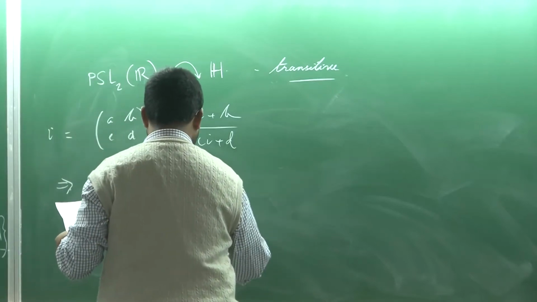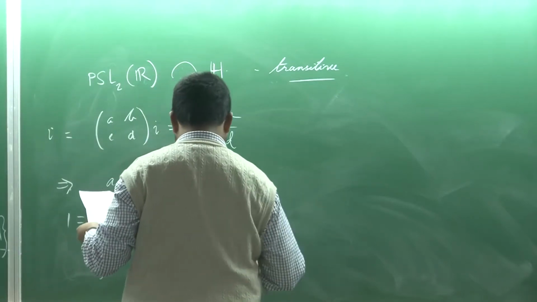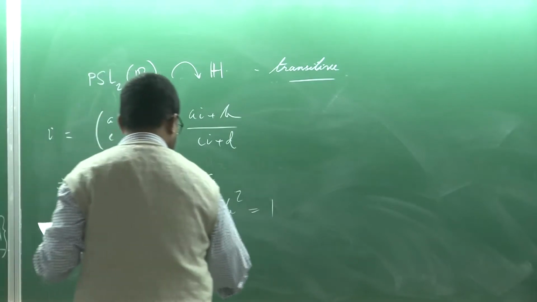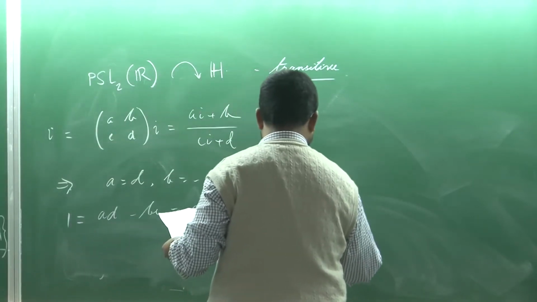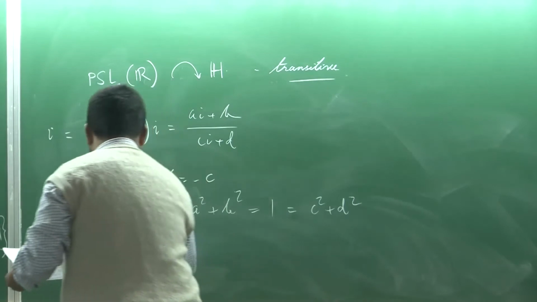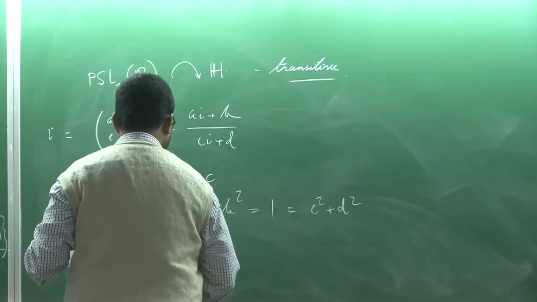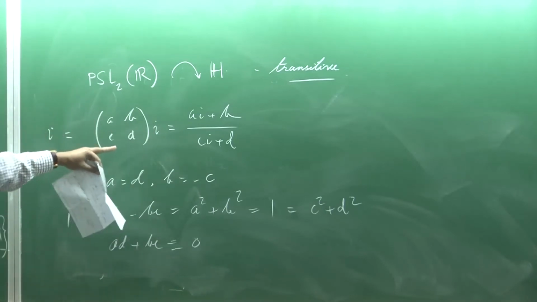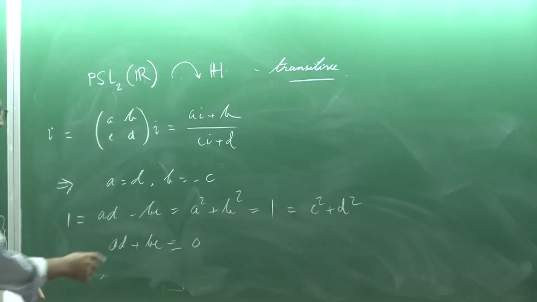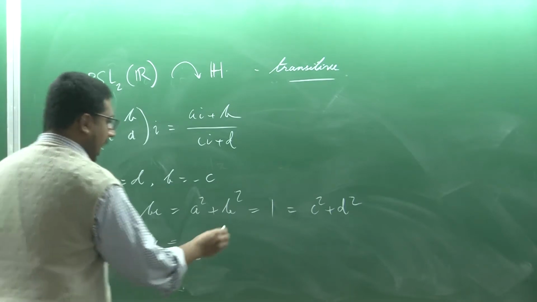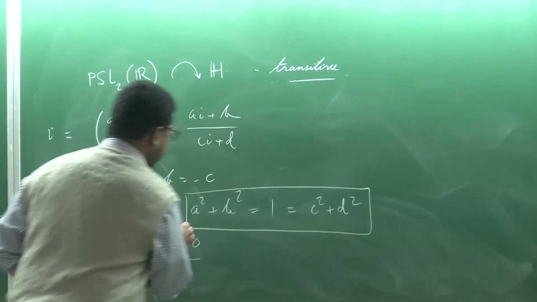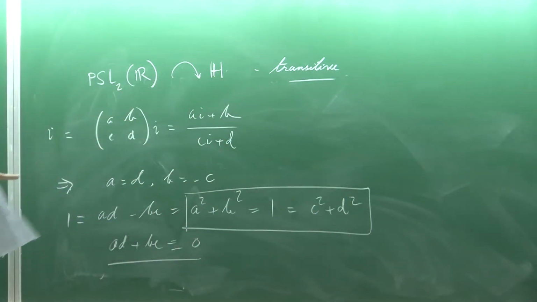So this becomes a square plus b square equal to 1, which is exactly the same as c square plus d square, and of course one can check ad plus bc equals 0 in this situation. Therefore, these two assure that this matrix is an orthogonal matrix with determinant 1.